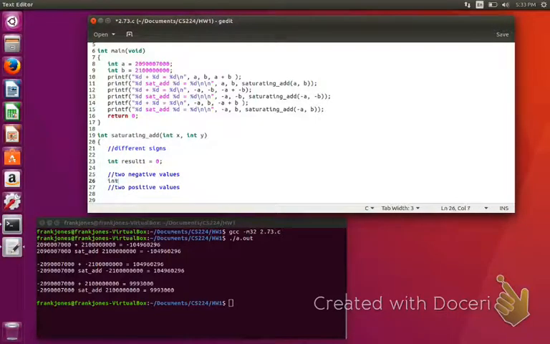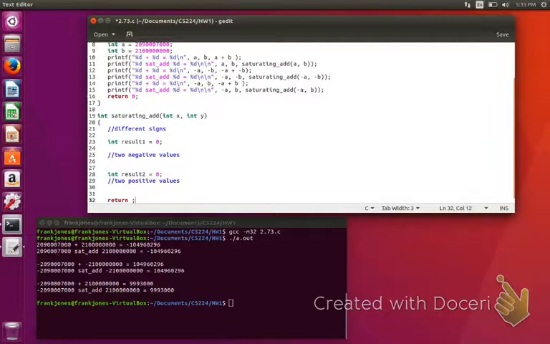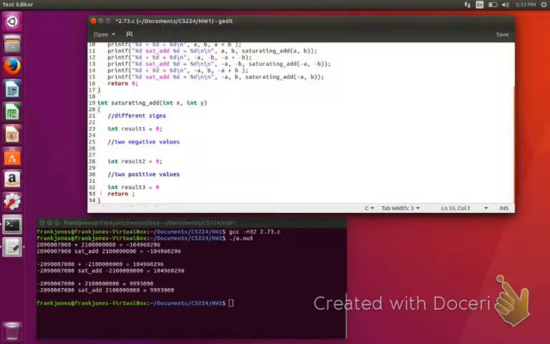I could have a result that I get when I have 2 negative values. And I could get a third result when I have 2 positive values. And then I would need to select between those.